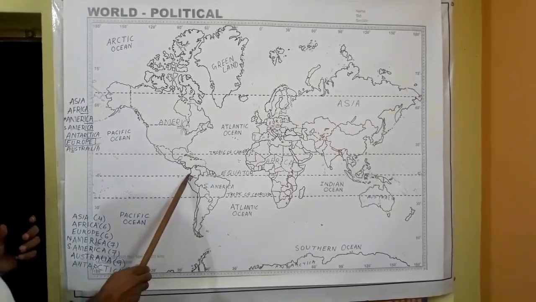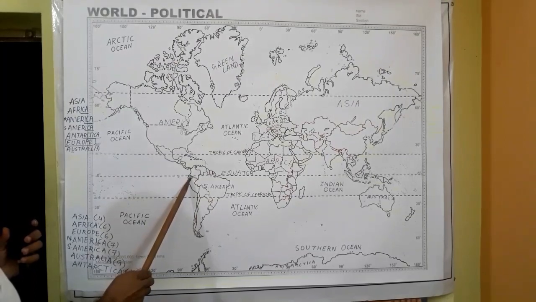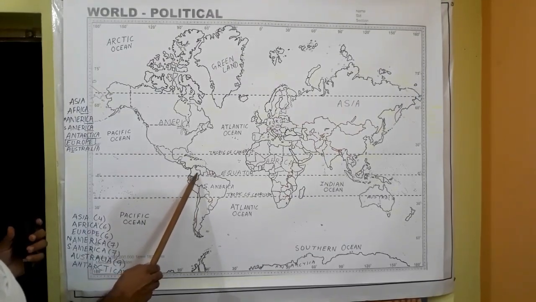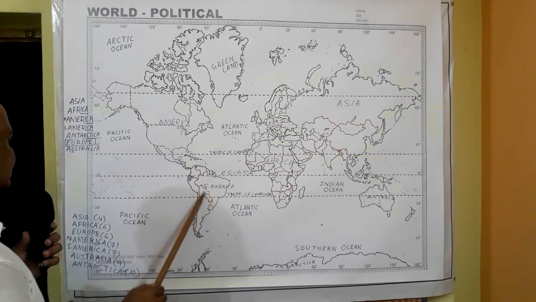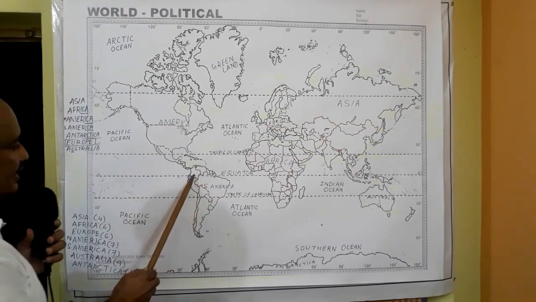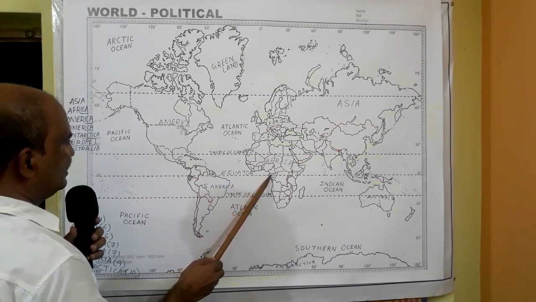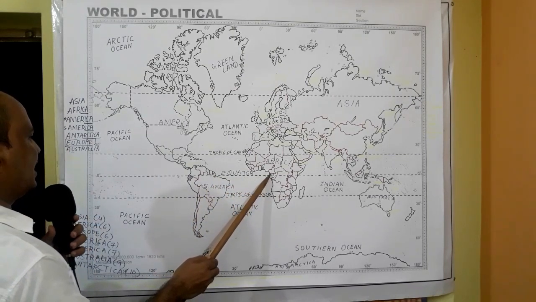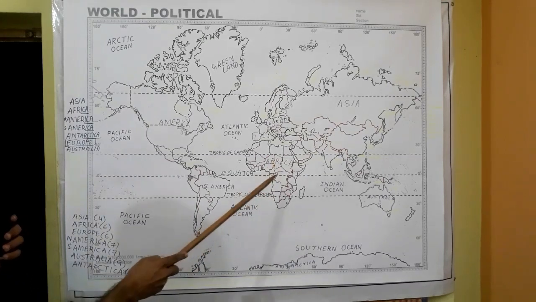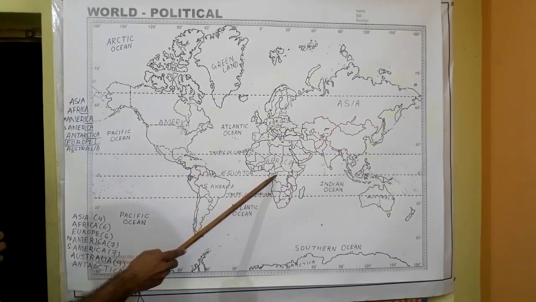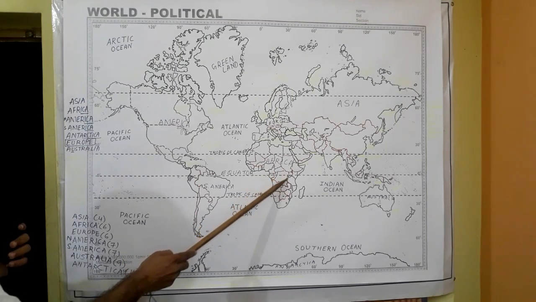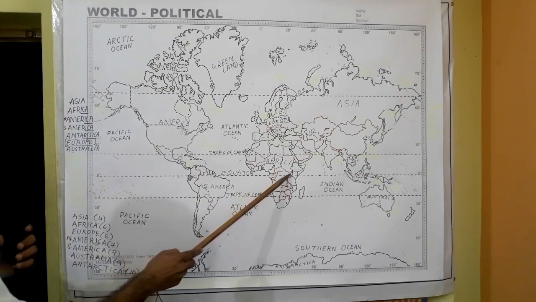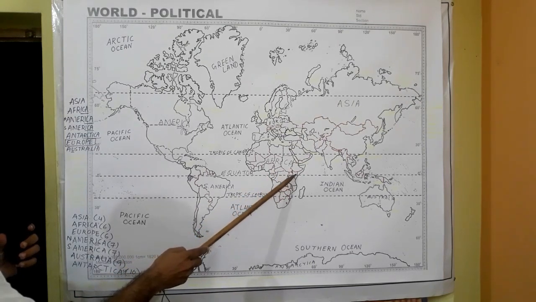So here we have the equator, and then next it passes through Colombia, then it passes through Brazil, the very big country, the largest country in South America. Then it moves on, then it reaches Gabon in Africa. After Gabon, it enters Congo. Here this is Congo, then the Democratic Republic of Congo, then we have Uganda, and then Kenya.